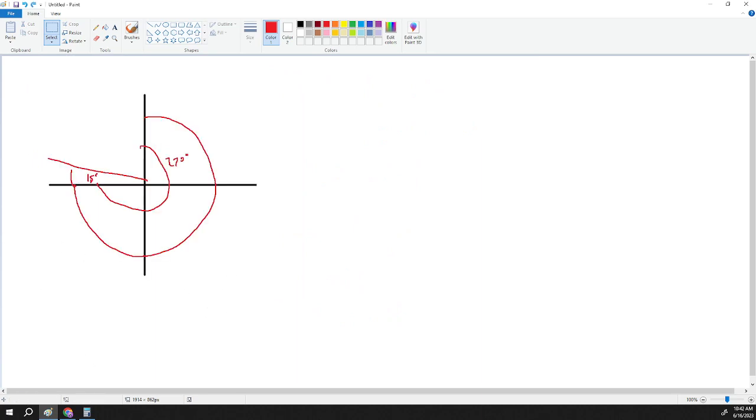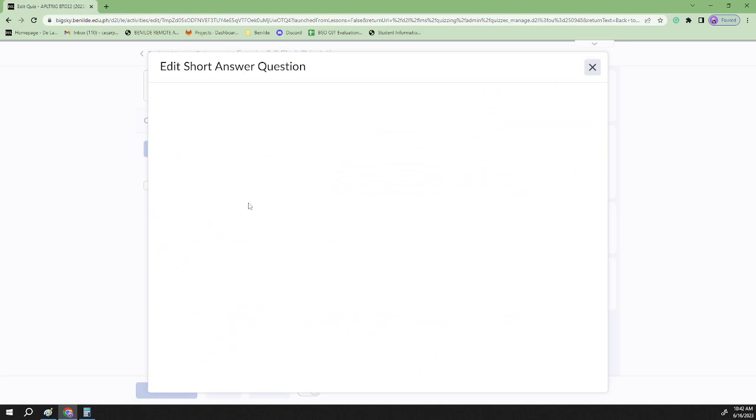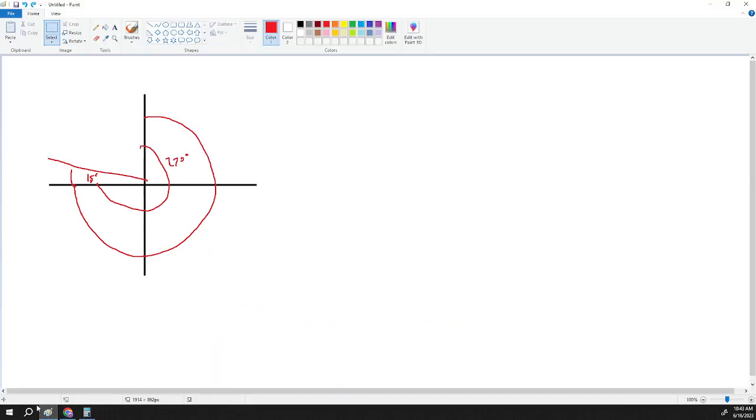Okay. Now, last question is how do you convert the formula into radians? So it is just basically applying the conversion from degrees to radians.